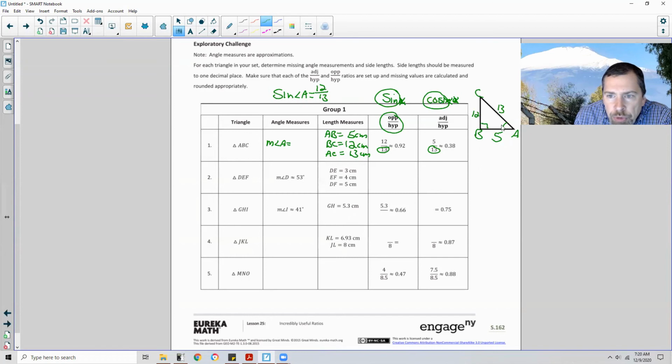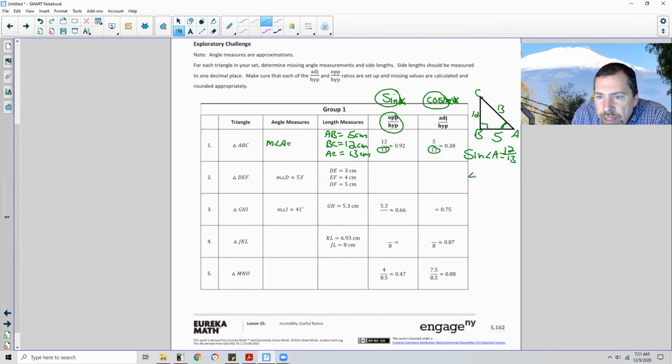Okay, so when I'm doing opposite over hypotenuse, I'm talking about the sine of A. And then to put that in my calculator, I have to get angle A by itself, and to move sine over to the other side, we have to do an inverse operation. It's just like every other math problem we do, solving an equation for a variable. We're trying to solve for angle A, so I have to move sine over to the other side.